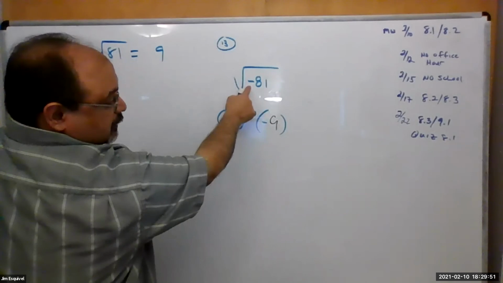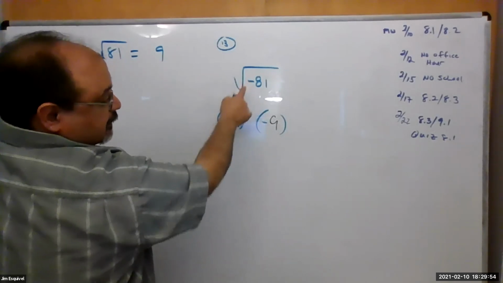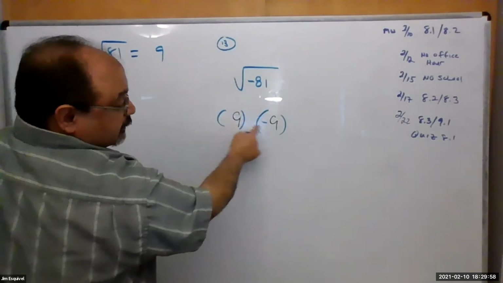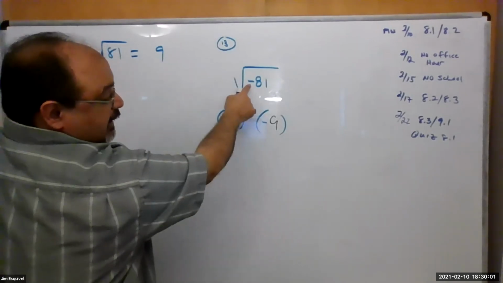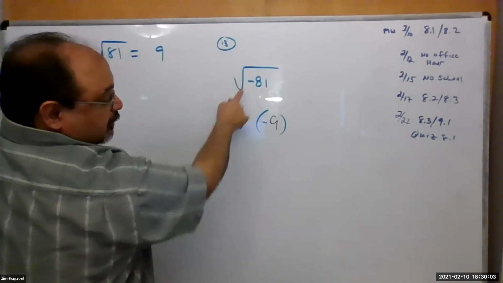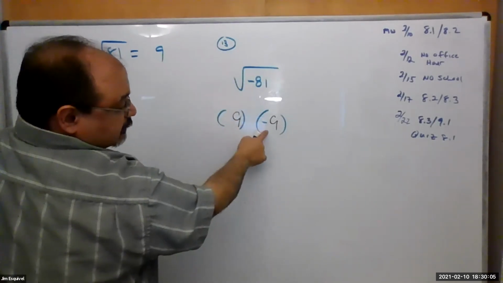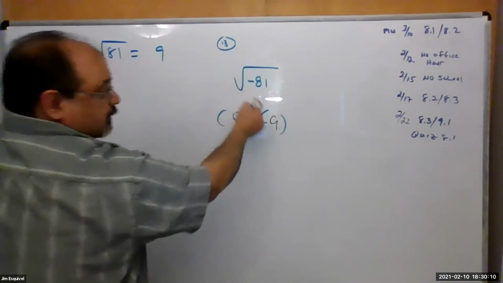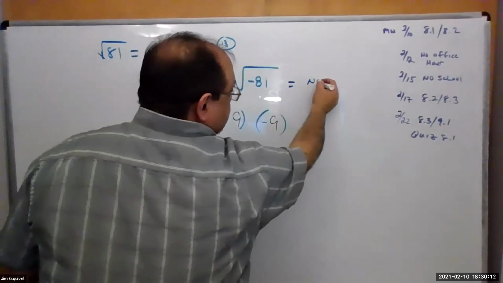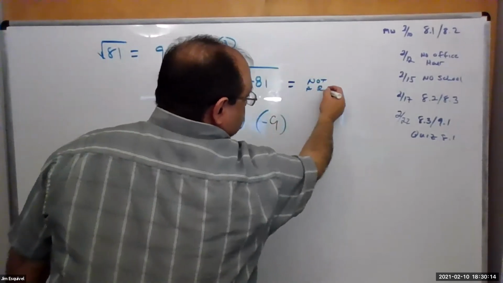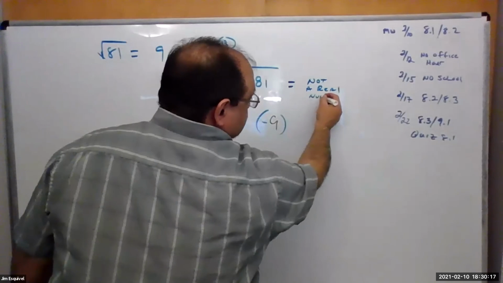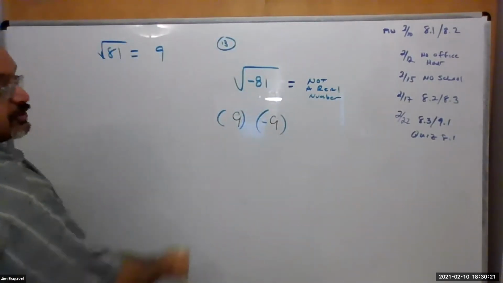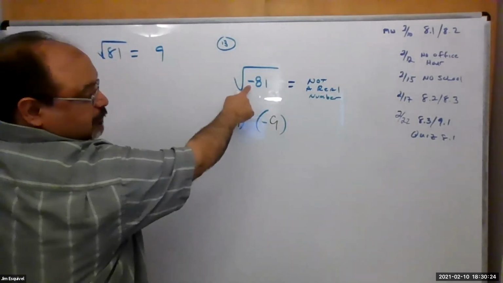It's impossible to find two real numbers that will make a negative number when you multiply it times itself. You cannot take the square root of a negative number. This is not a real number, because you can't take the square root of a negative number.